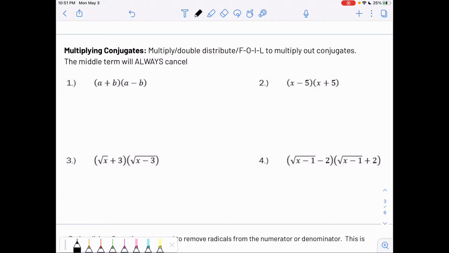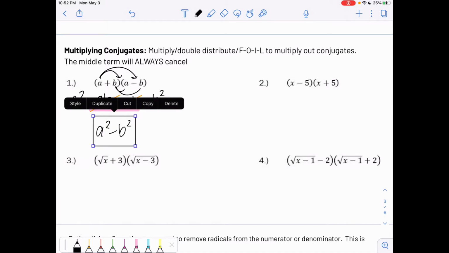Double distributing, a times a is a squared, a times negative b is minus ab, and then b times a is plus ab, and b times negative b is minus b squared. Your middle terms are opposites, so they cancel right away, and your final answer is just a squared minus b squared.